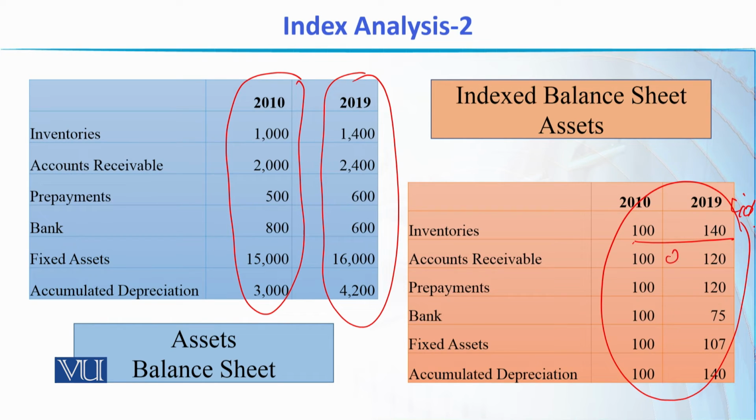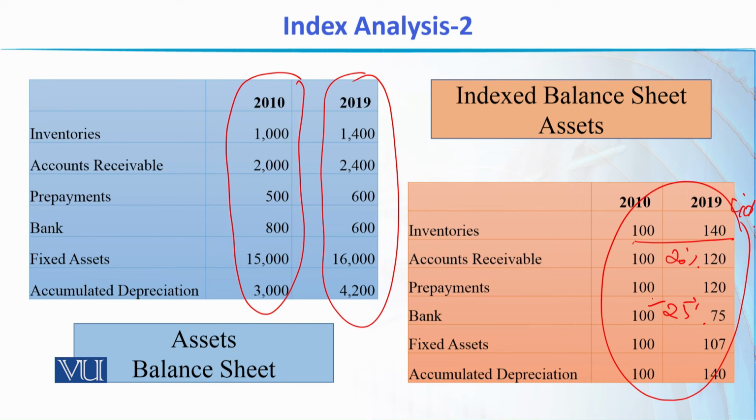Similarly, you can see that there is 20% increase in the accounts receivable and there is 25% decrease in the value of bank account, which means that very easily without spending a moment we can find out which of our assets are increasing and which are decreasing. And this is basically the beauty of this index analysis, that we can very easily calculate the change where it has taken place and then we can take remedial actions.